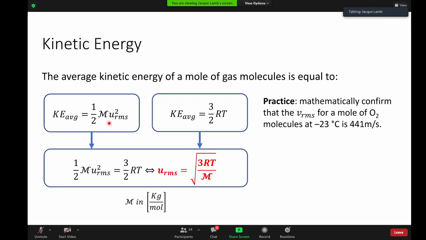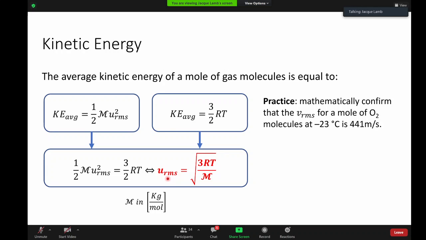So we can combine them to end up with an equation that says root mean square speed is equal to the square root of 3RT divided by the molar mass, and that's how you get the root mean square speed. So you're not going to be adding these for individual particles. You can measure the temperature of a gas. R is the gas constant. If you know the molar mass of the gas, you can calculate the root mean square speed of that gas at any given temperature.